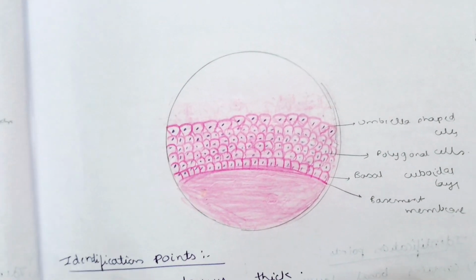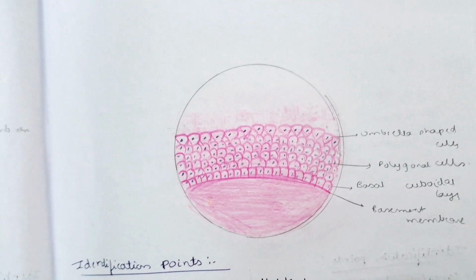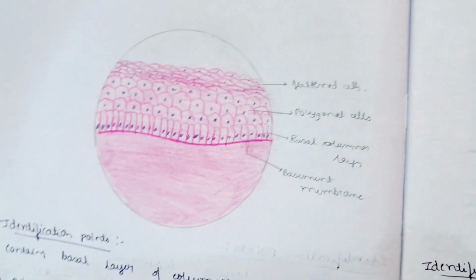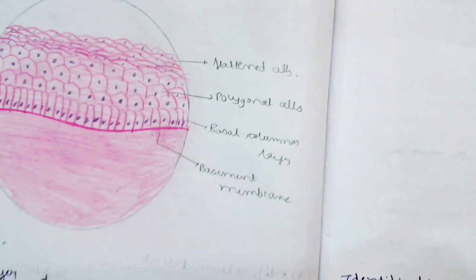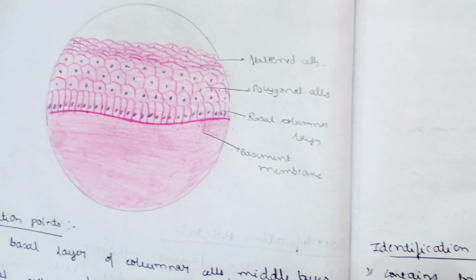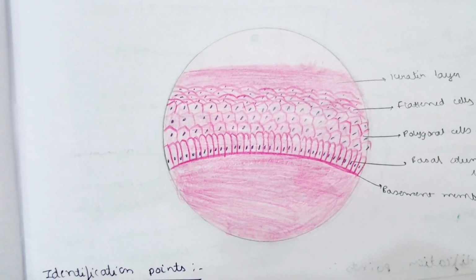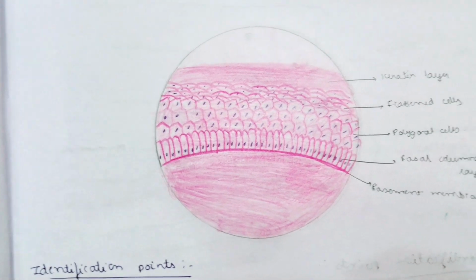Examples include respiratory epithelium. Transitional epithelium: basal cuboidal, middle polygonal and upper umbrella-shaped or dome-shaped cells. Stratified squamous non-keratinized: basal columnar, middle polygonal, above flattened cells. And stratified squamous keratinized: basal columnar, middle polygonal, flattened, above keratin layer.